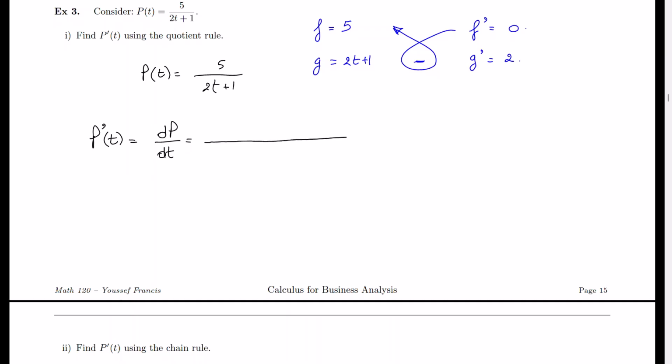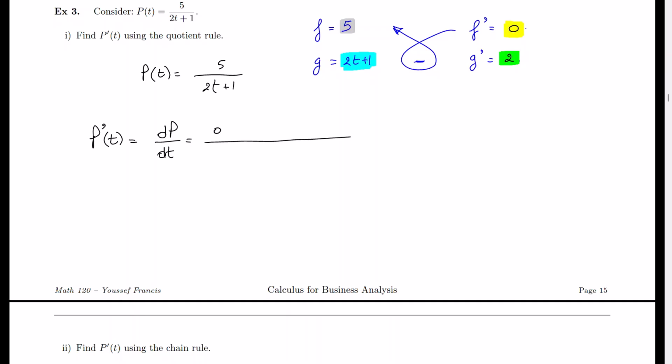This is a quotient rule, so we do low d high minus high d low, and then square the bottom, and off you go. That's the little song we kind of described before. But if you don't know the song, no big deal. Just multiply this corner with this corner, the 2t plus 1 with the 0, and then multiply the corner with the 2 with the other corner 5, and then square the denominator, and you're done, basically.